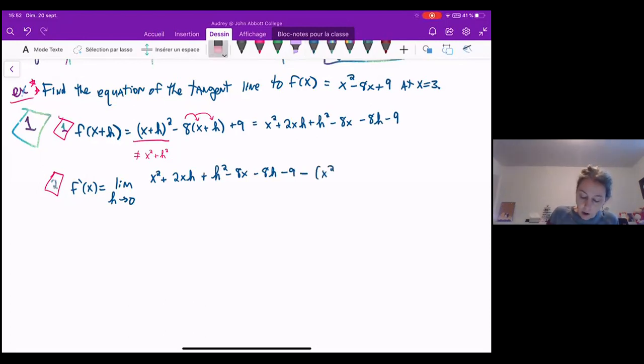And here I'm not going to put parentheses. Instead, I'm just going to immediately distribute that minus sign. So all of the signs are going to change. So instead of having minus 8x plus 9, I have plus 8x minus 9. So the minus sign in this was already distributed.